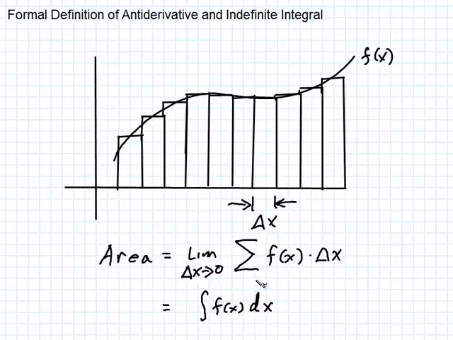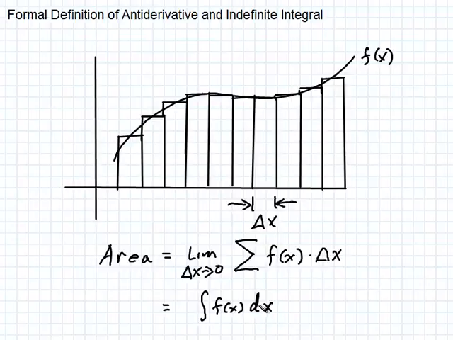The point here is that the notation for an integral follows directly from this notation for a Riemann sum. The f of x is the same, and instead of delta x, we're going to go to dx. So we're basically going back to the idea of shrinking our deltas down towards infinitesimal size, and then we'll just call them dx.